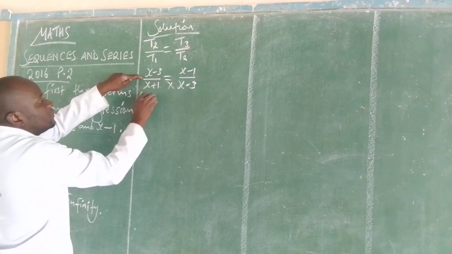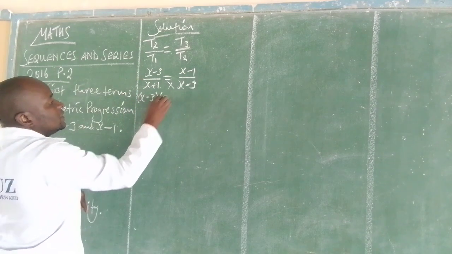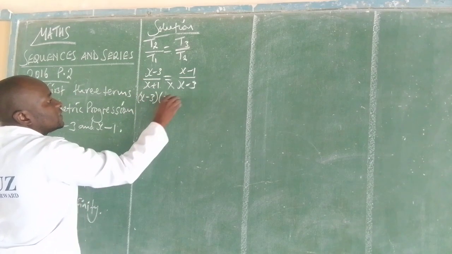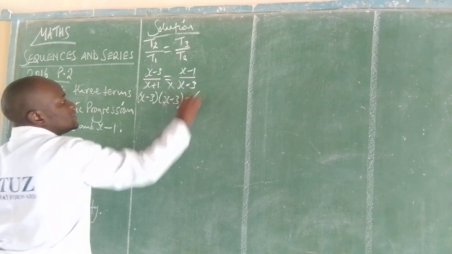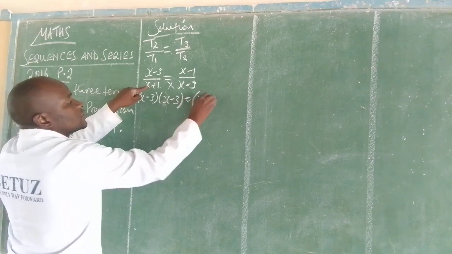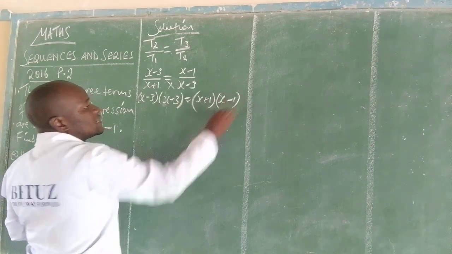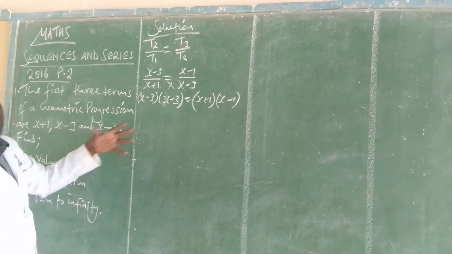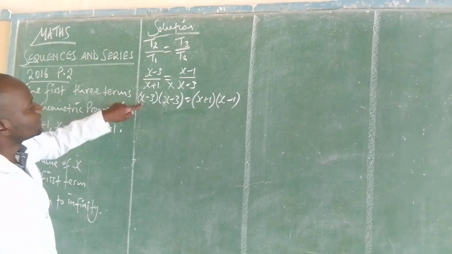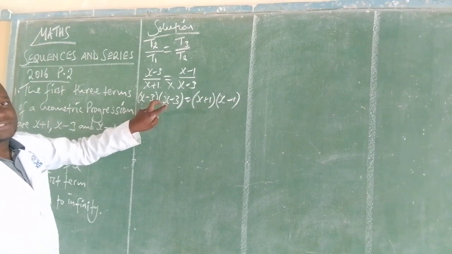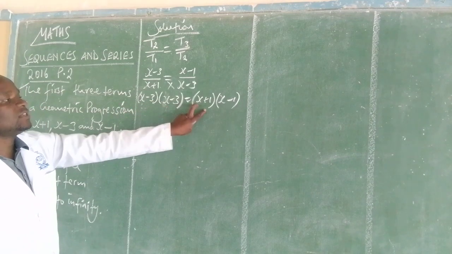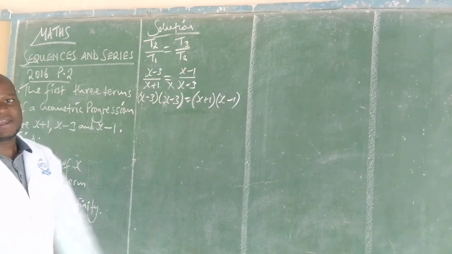We're going to have x minus 3 times x minus 3 again, equal to x plus 1 multiplied by x minus 1. Now we expand it: everything here multiplies everything here, and everything there multiplies everything there.